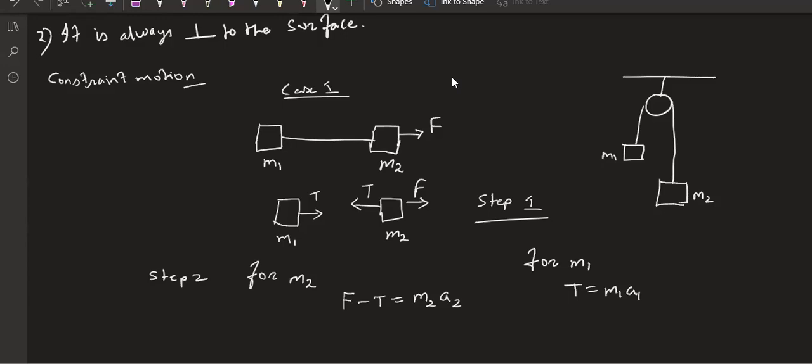Just imagine, physics is all about imagination. Try to have a normal scenario, and imagine that if you pull this mass M2, then what will happen? If you are good at imagination, if you can imagine the scenario, physics will be very easy. Everyone got this?